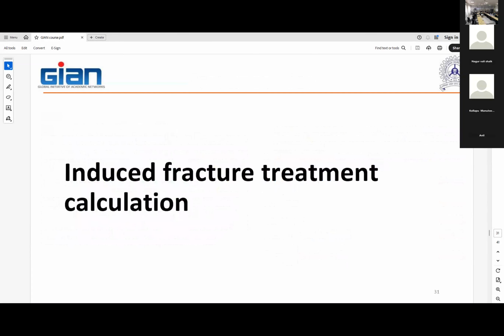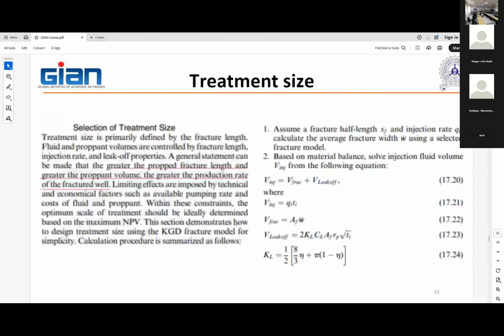Okay, so let's take a look at the calculation, and let us first take a look at the steps you use for the calculations for a fracture job. For example, if you want to design a fracture job, you have to calculate a lot of parameters. So how will you calculate those parameters? For that, there's a lengthy calculation. Let us take a look at this calculation, okay?